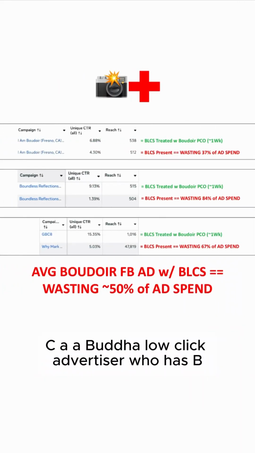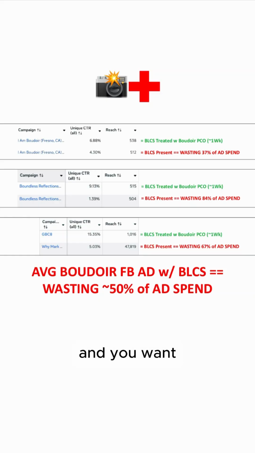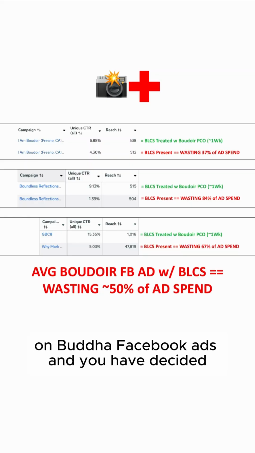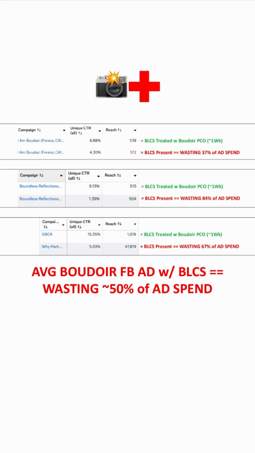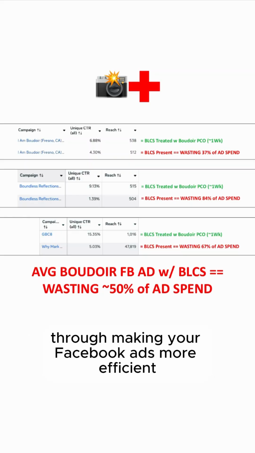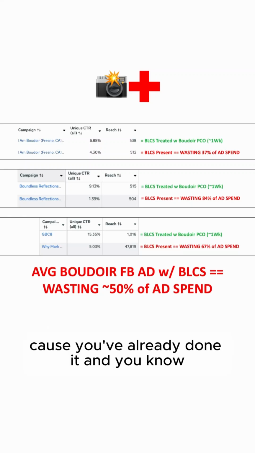If you're a BLCA, a boudoir low click advertiser who has BLCS, boudoir low click syndrome, the unique CTRL of your boudoir Facebook ads is under 6%, and you're spending more than 10 grand a month on boudoir Facebook ads, and you have decided that now you need to pull more efficiency, more profit out of your business through making your boudoir Facebook ads more efficient, because you've already done it in other places in your business.